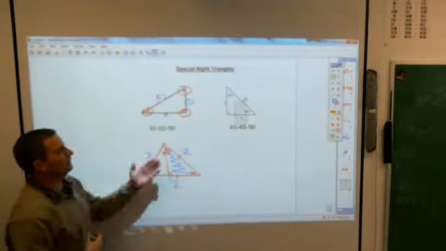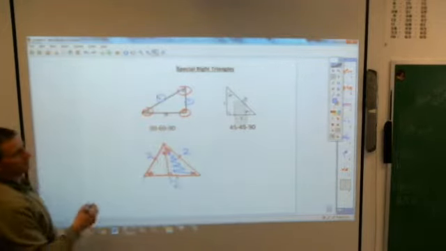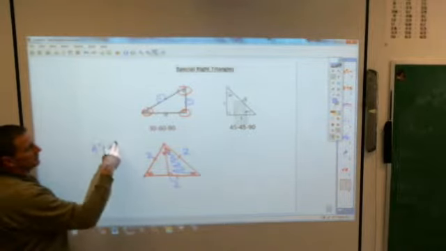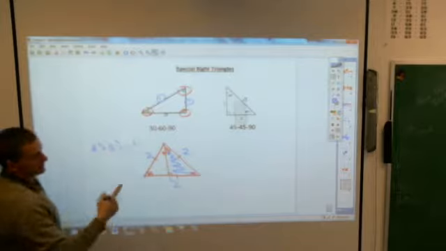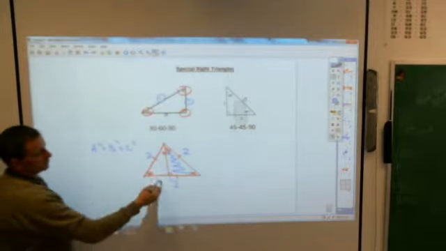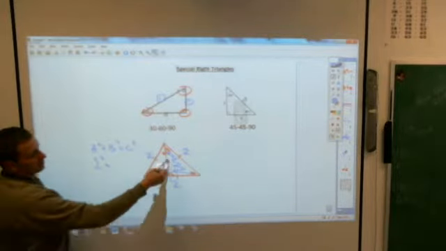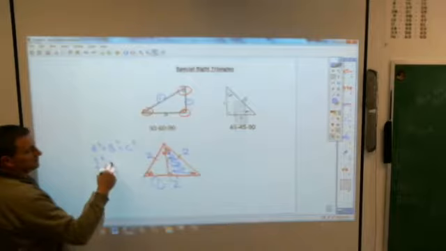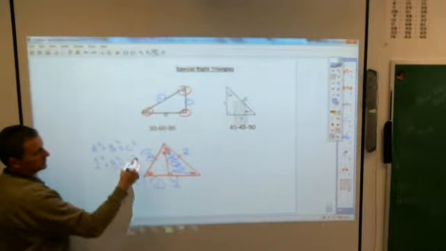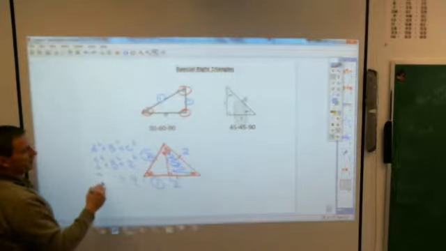Now, how do I find my square root of 3? Well, that one I have to actually use the Pythagorean Theorem. If I do a squared plus b squared equals c squared, it's not a perfect triple, but if I put my numbers in, here is 1 squared. I don't know what my b squared is, but I know my c squared, 2 squared, is 4, right? 1 squared is 1.